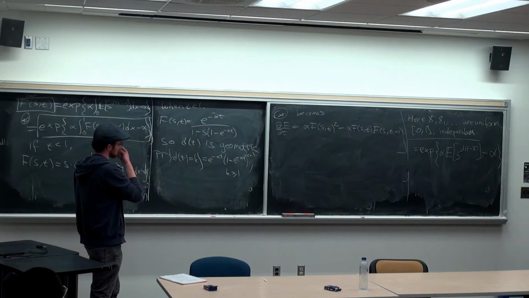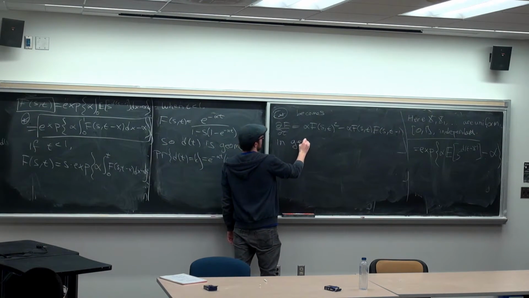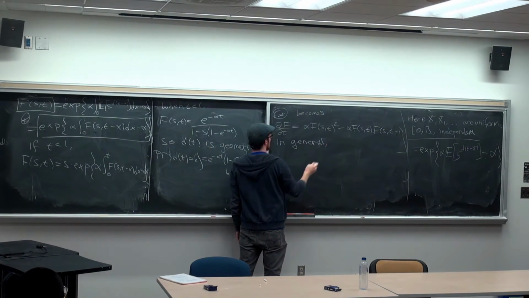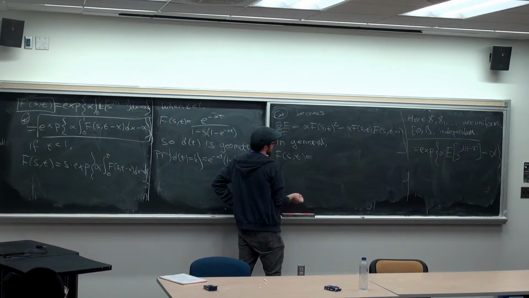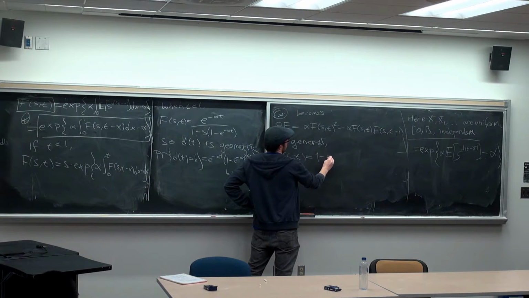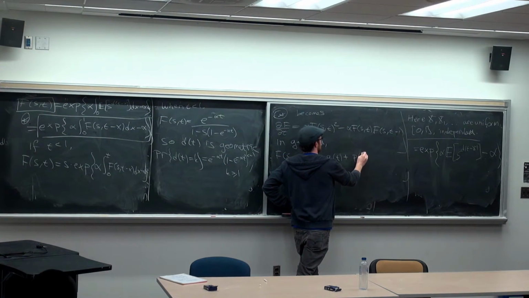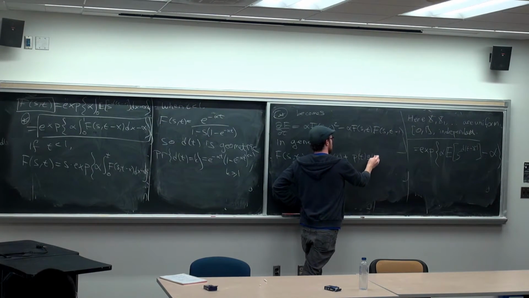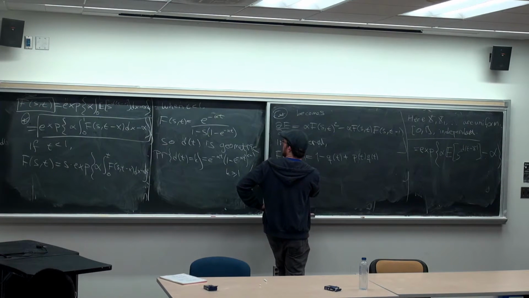And you get something which is terrible, but in general, f of st is 1 minus q of t plus p of t, what is it? There's an s here.